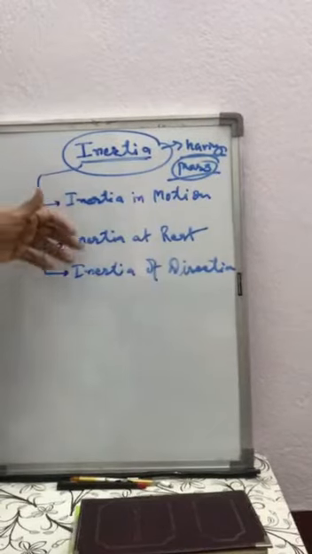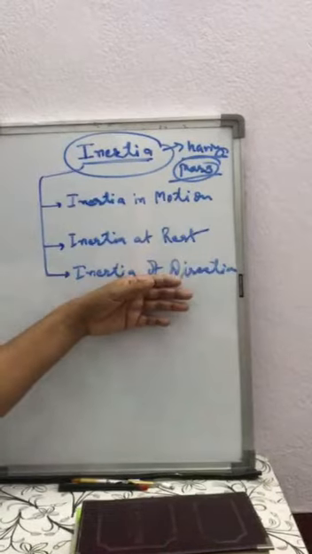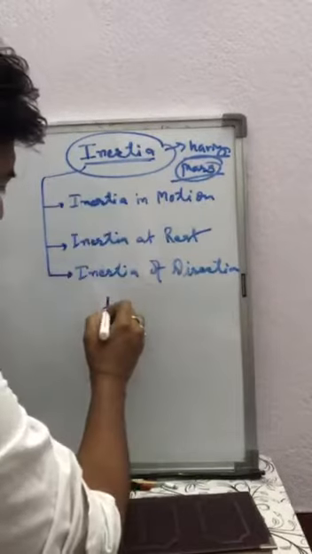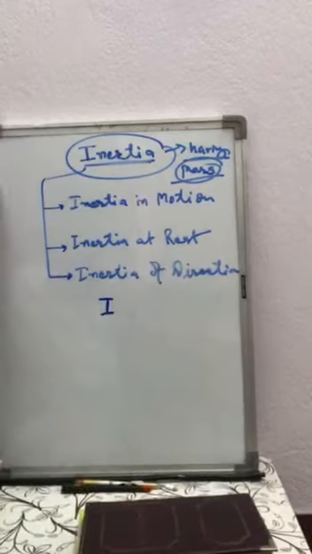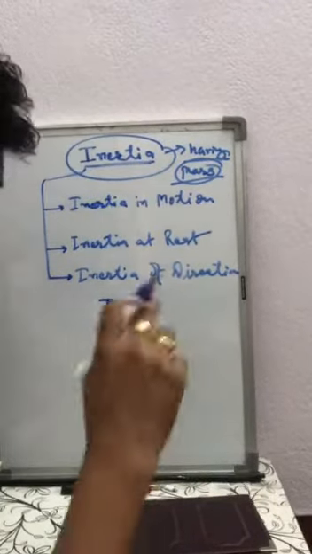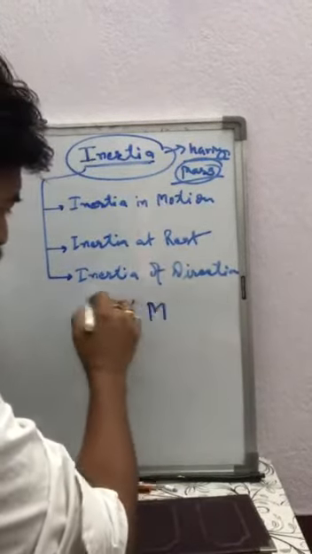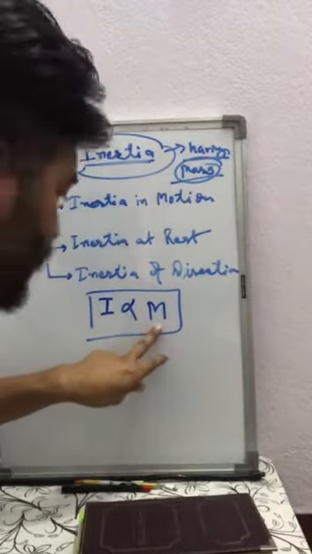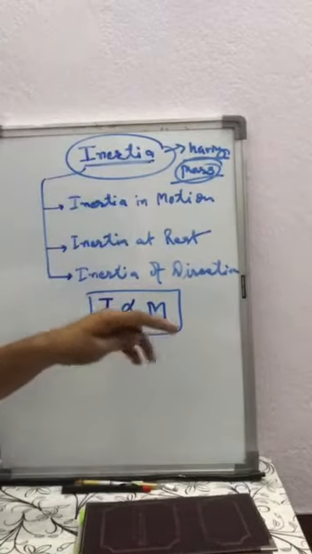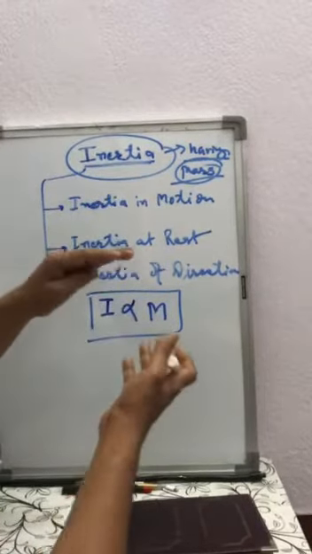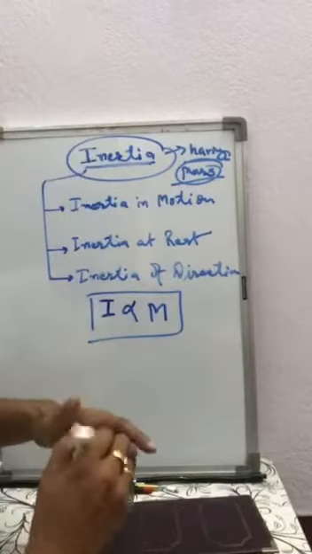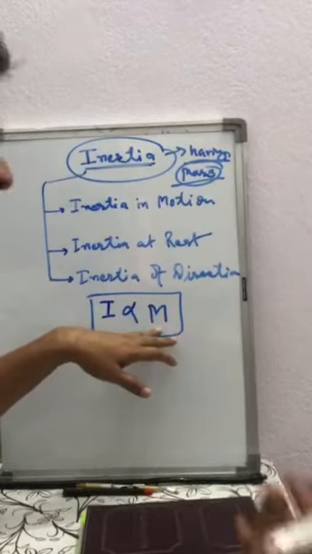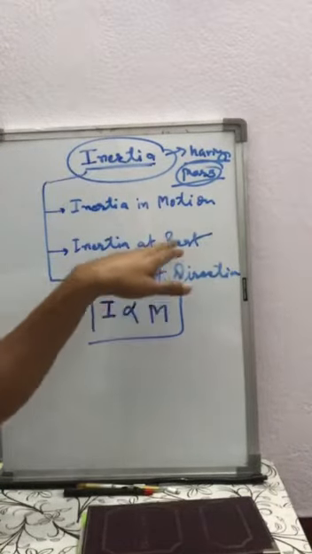By these three concepts, Newton discovered the laws of motion. Actually, inertia is denoted by I, capital I, and it is directly proportional to the mass of the body. That means the greater the mass, the higher its inertial value. अगर हम हिमालय पहाड़ की बात करें, तो उसका मास बहुत ज्यादा है and it is in absolute rest.